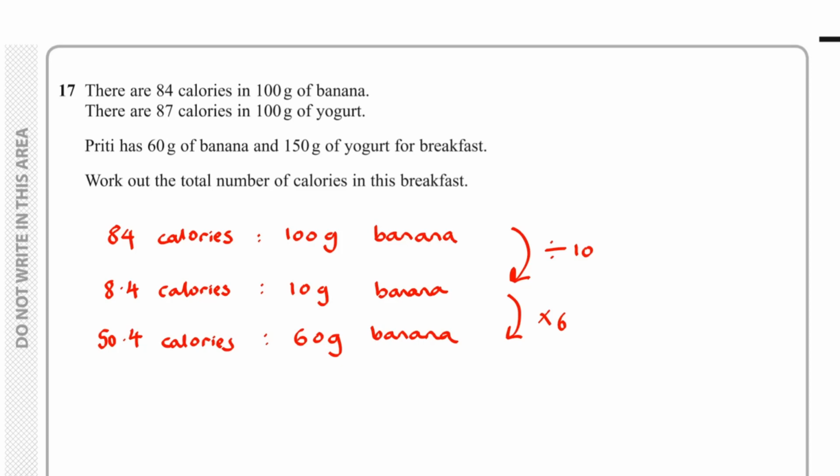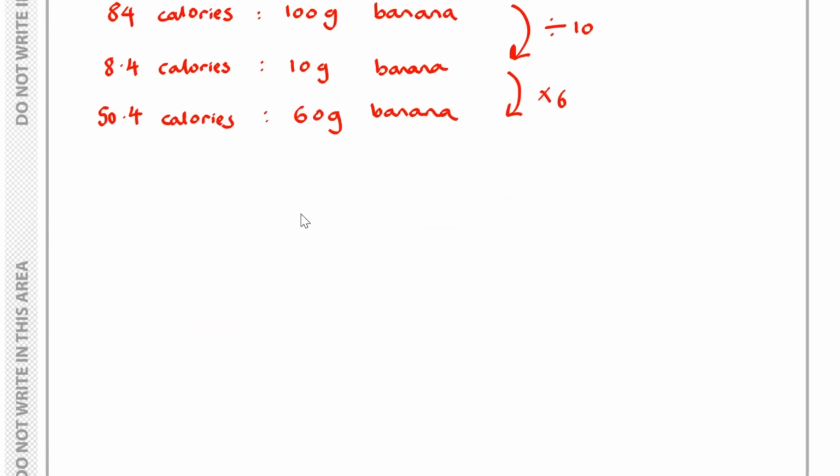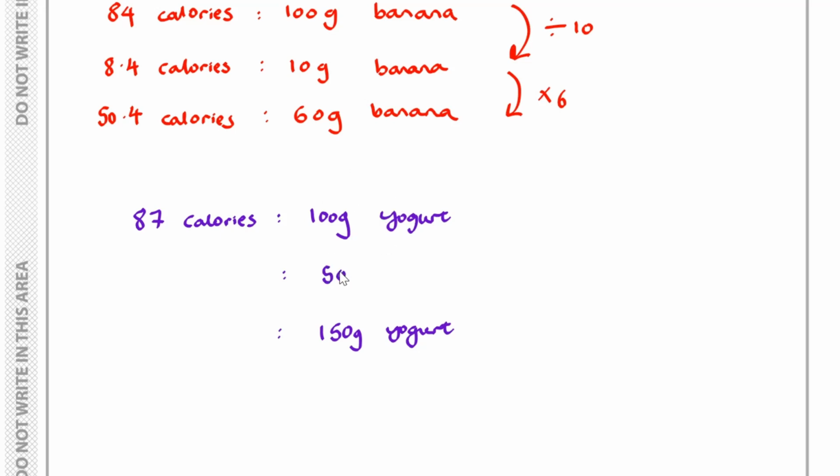We can do a similar thing for the yogurt. We know already that there are 87 calories in 100 grams of yogurt. So we want to find out how many calories there are in 150 grams of yogurt. Now, if I find out what 50 grams is, and add these two together, I get 150 grams.